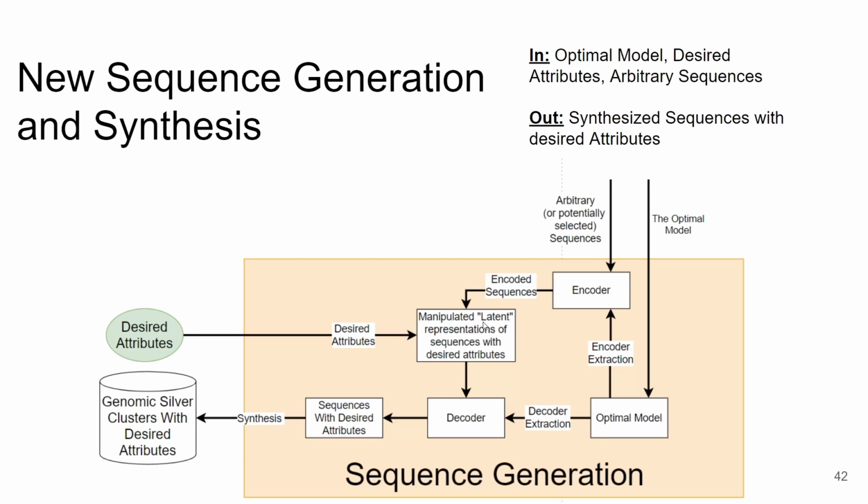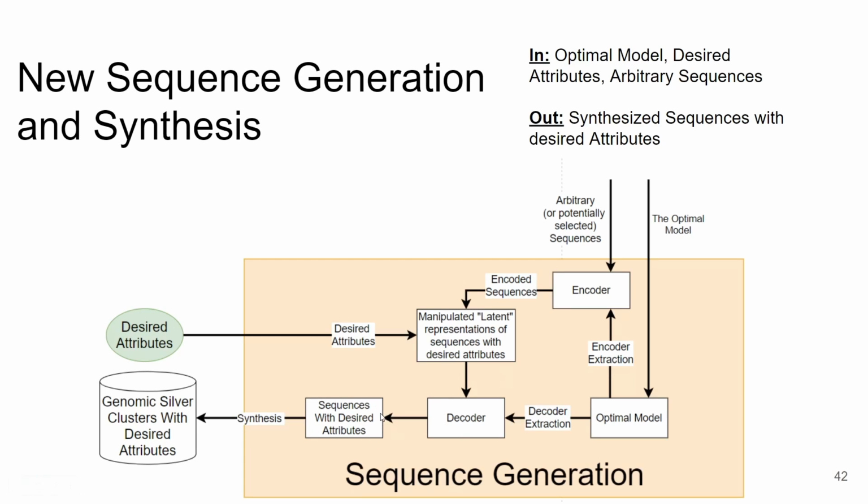Hopefully, if the model has properly disentangled them and represented them in the right dimensions, which, because we're using AR-VAE, we can try and force that. Then we manipulate that, and we pass those sequences into the decoder, and the decoder is what reconstructs a sequence from those desired properties.